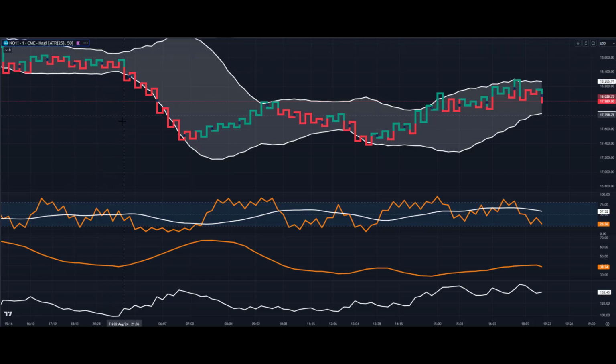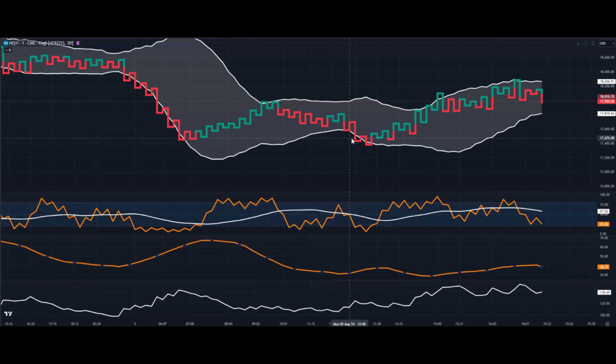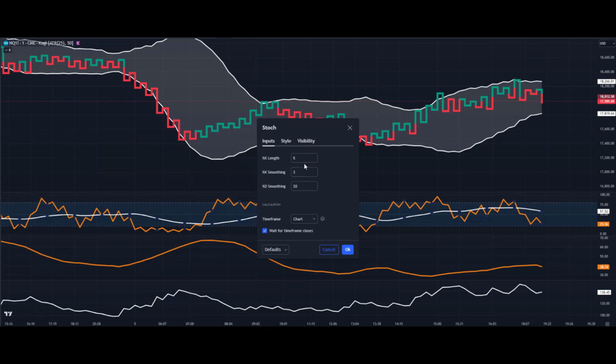And this strategy, like I say, is sort of a reversion strategy. We've got down the bottom an ATR, and that is for our stop loss that I'll talk about soon. Then we got the ADX, and if I click on there, settings, standard 14. Then we've got the stochastic above that. Now you can use different ones here.